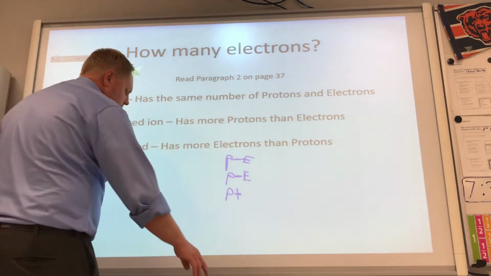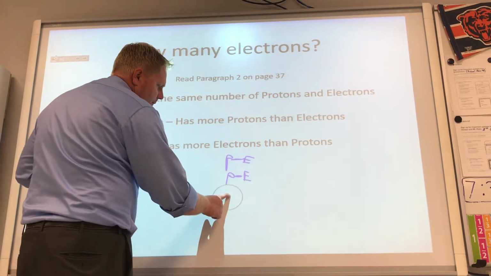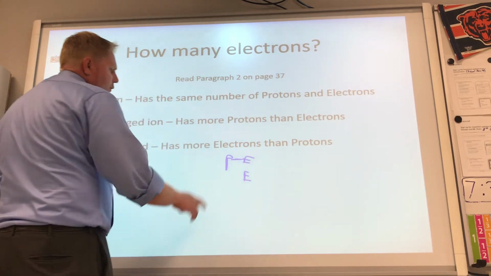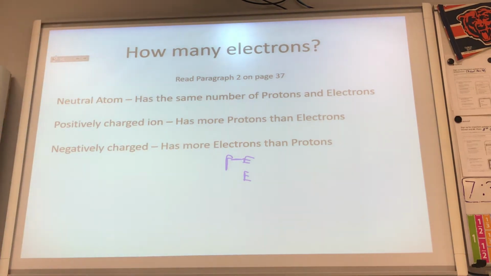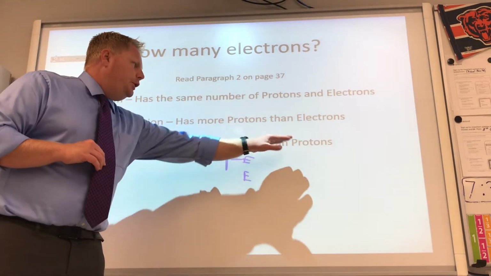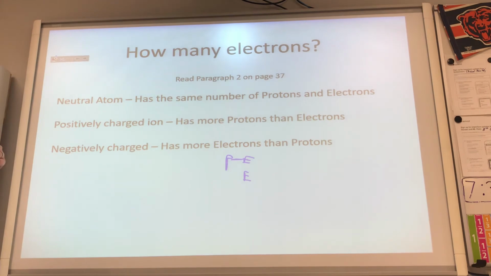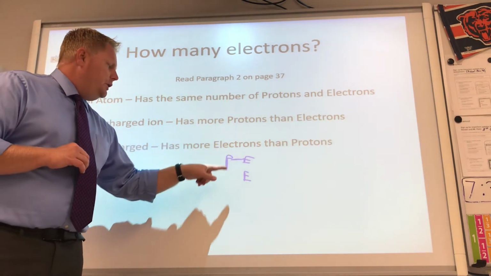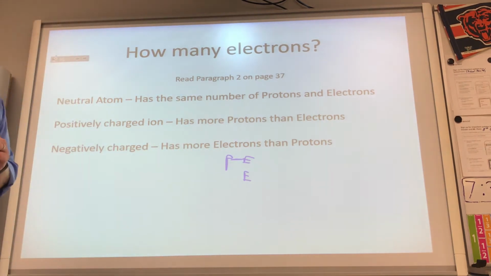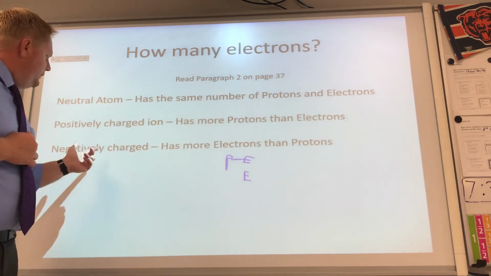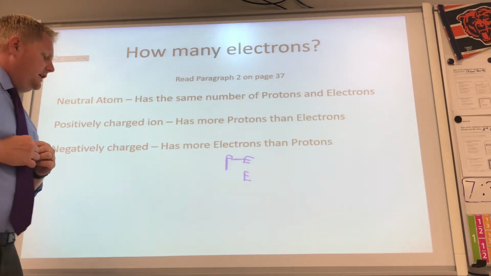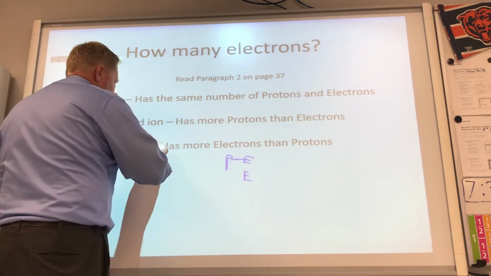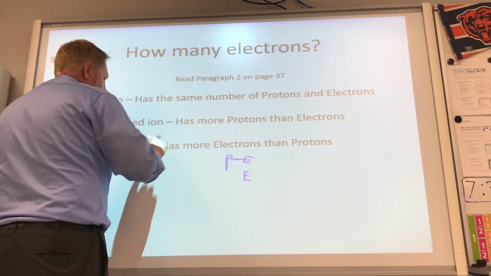Now, I bet you're pretty smart and you can think, if there's more electrons, only 1 proton and 2 electrons, if there's more electrons than protons, those make neutral. Electrons are negative. Therefore, it's a negatively charged ion. I should have had the word ion here.